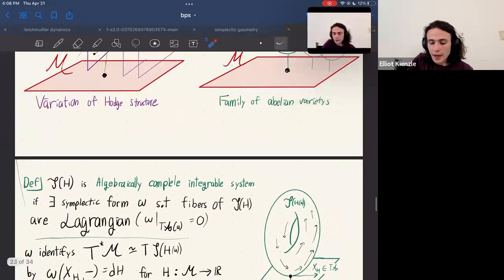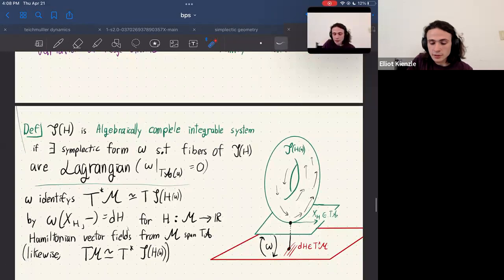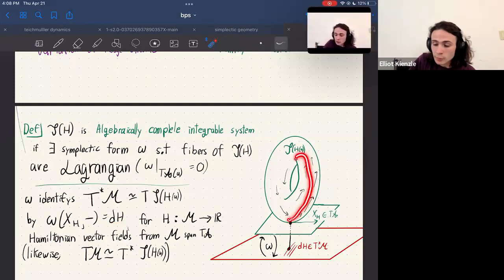Right. And this integrable system structure is really nice. It gives you a lot of cool things, but in particular, it gives us an identification between the tangent space of the fibers and the cotangent space of the base. And this is basically given by how these are realized as integrable systems in the first place by a bunch of Hamiltonians, where you take the Hamiltonian vector fields and they just loop around in a very identifiable way.